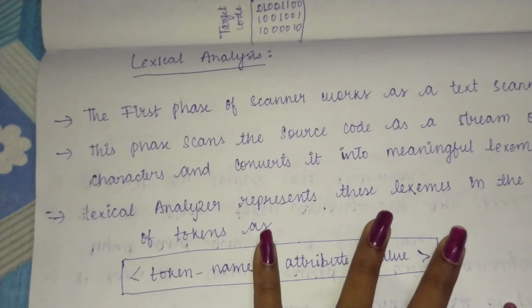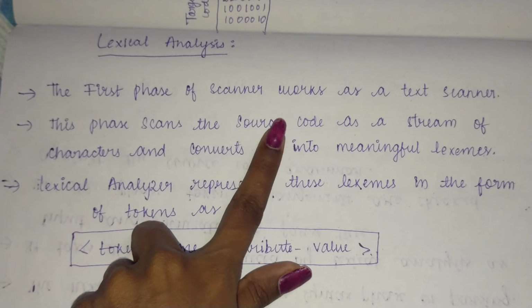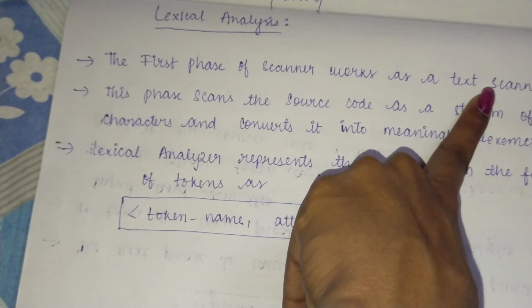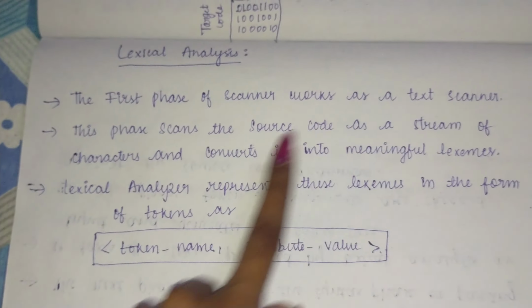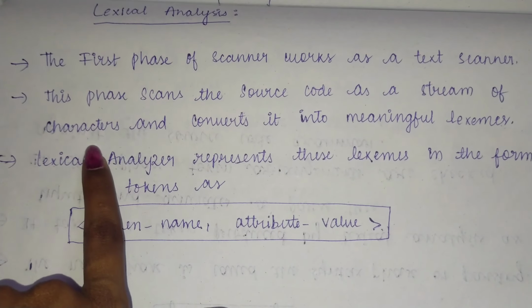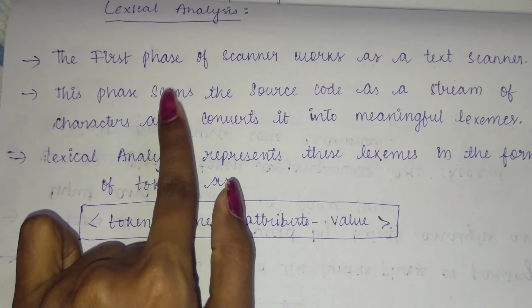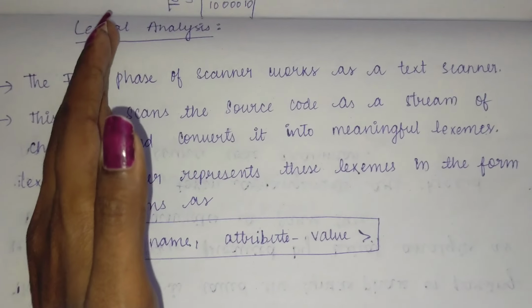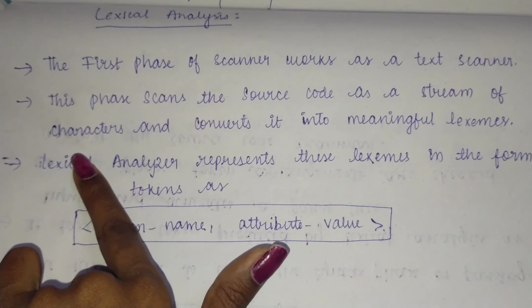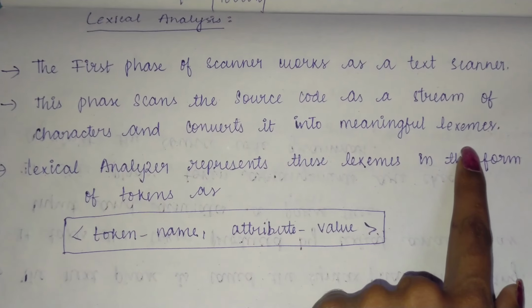Next, let's see what the lexical analyzer is. Lexical analysis is basically the first phase of the scanner, which works as a text scanner. This phase scans the source code as a stream of characters and converts it into meaningful lexemes. So it scans characters and then converts them into meaningful lexemes.